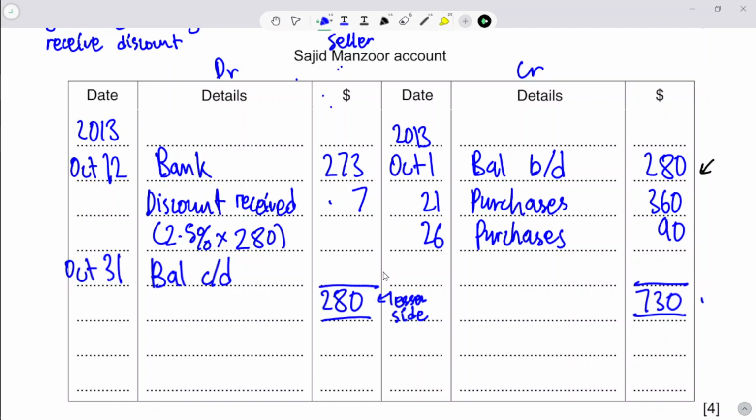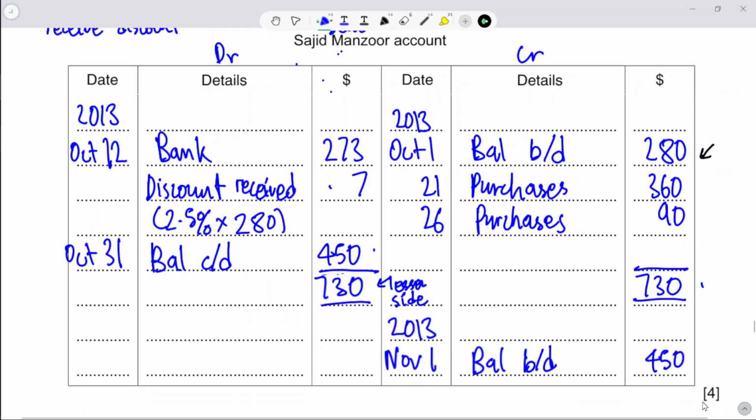This minus this, you get 450. Then same figure, and bring down the balance to the next day, November 1, 2013. Done.